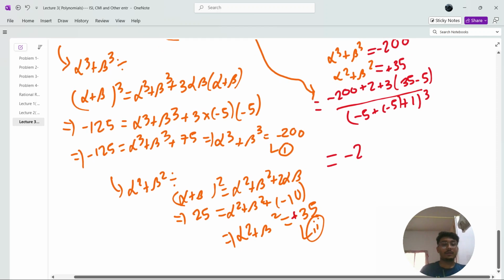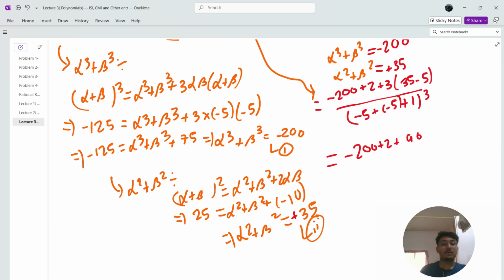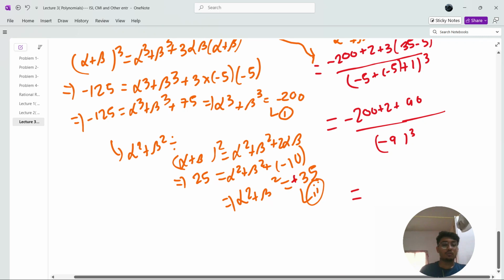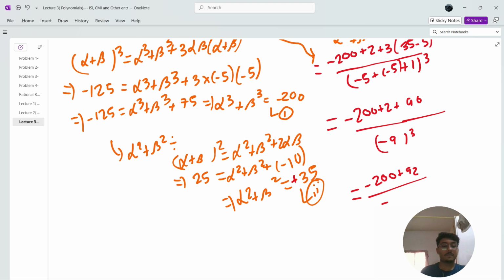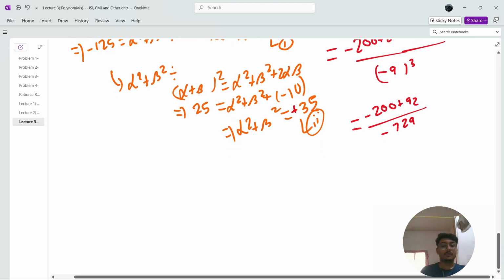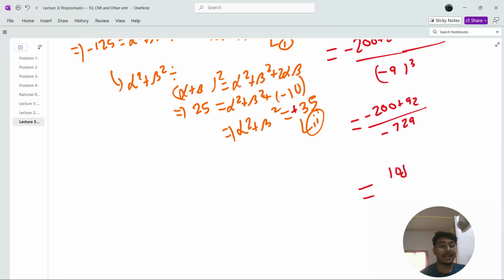So minus 200 plus 2 plus 3 into 30, that is 90, by minus 10 plus 1, minus 9's whole cube. So minus 200 plus 92 by minus 9's whole cube, which is minus 729. Minus 200 plus 92, that's basically minus 108, by minus 729, so my minus and minus get cancelled.